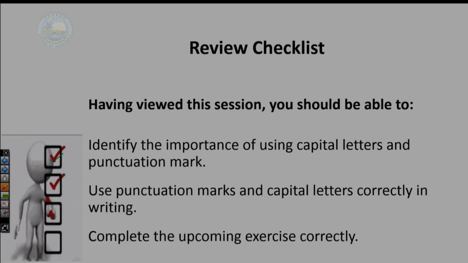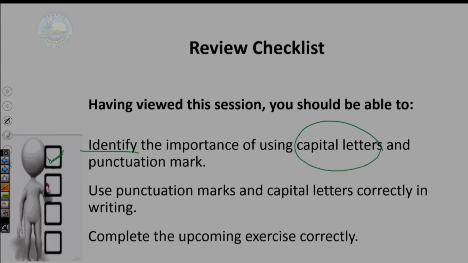So let me say it again. I am sure you will be able to, 1, identify the importance of what? Capital letters. Yes, capital letters and punctuation marks. I'm sure you will be able to, what again? Use them and use them correctly in writing.